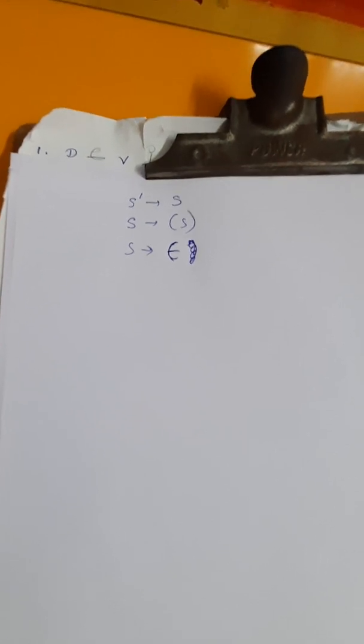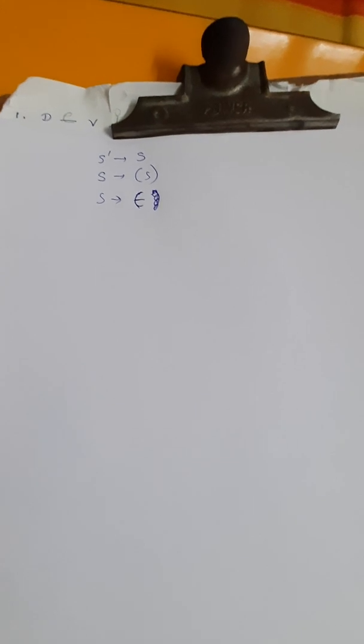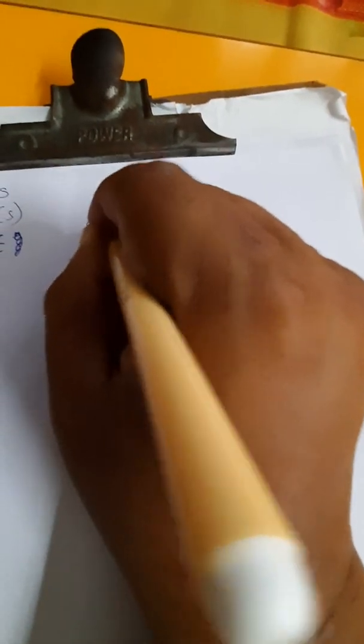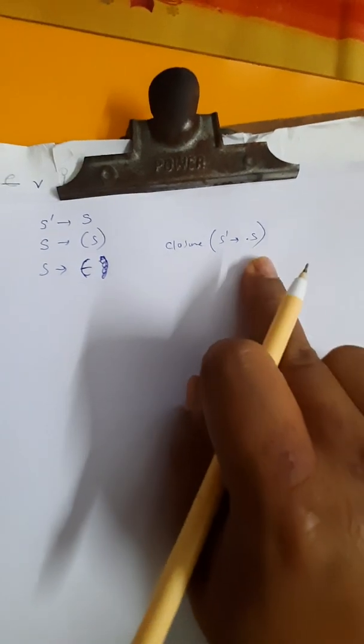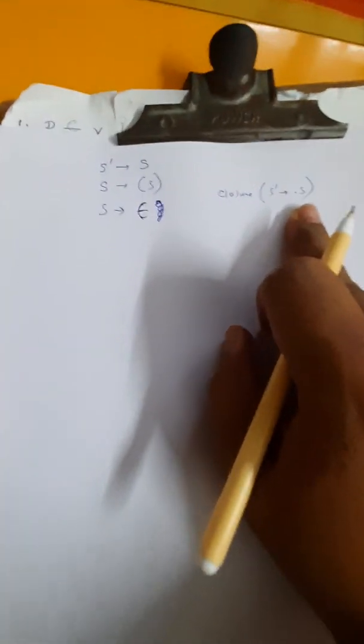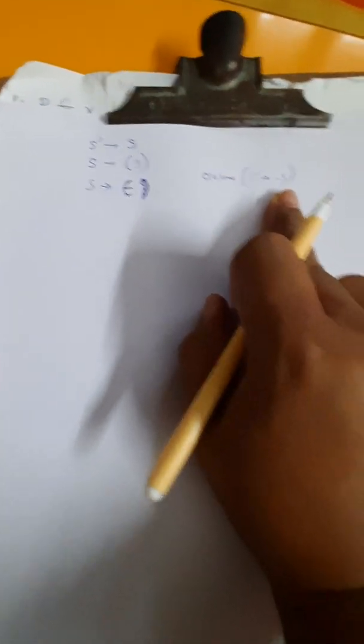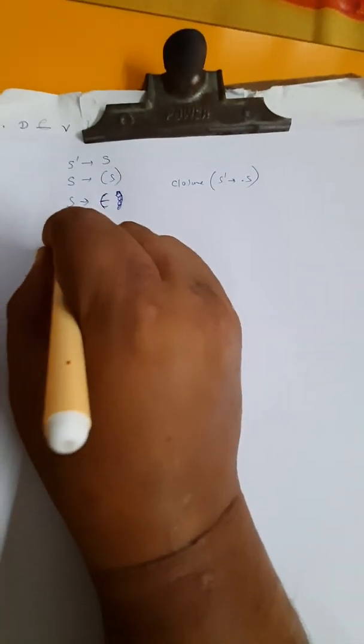Now as the first step, we have to find the initial state as closure of S prime produces dot S. What will be the answer of this? It would be the initial state.